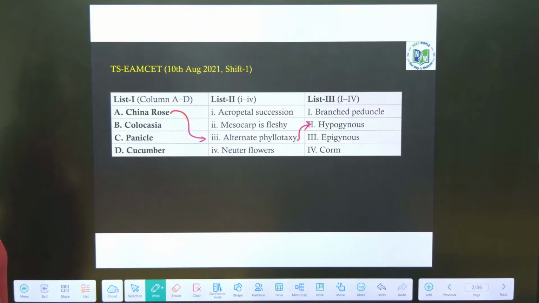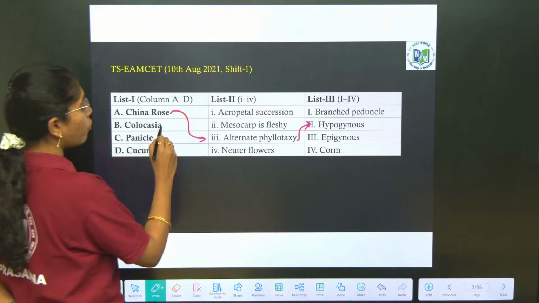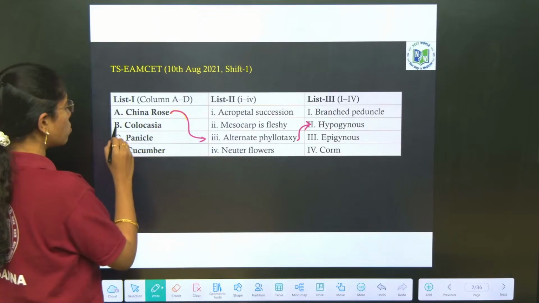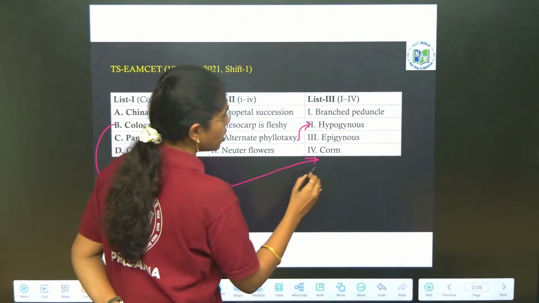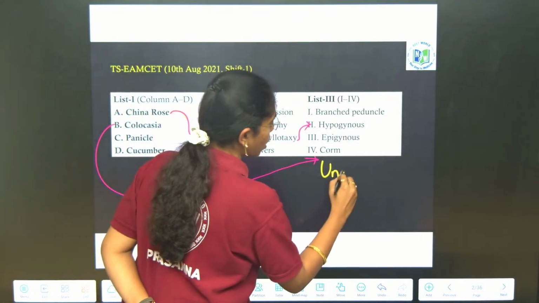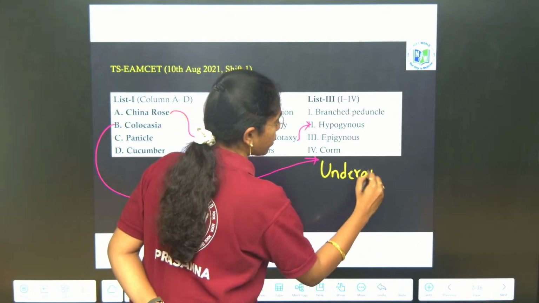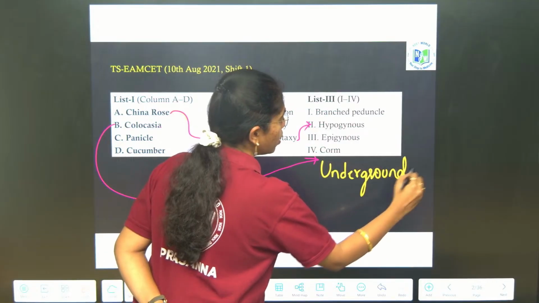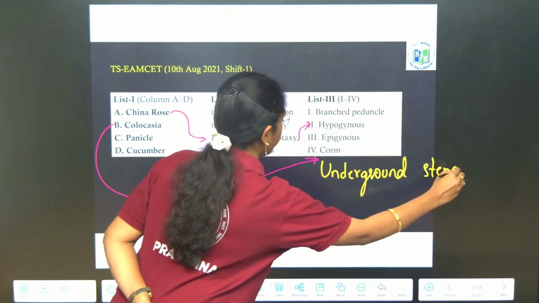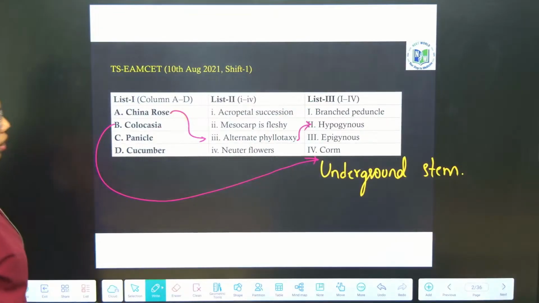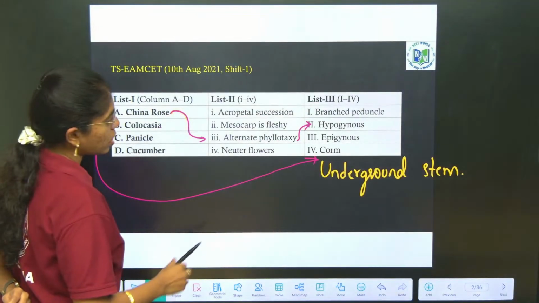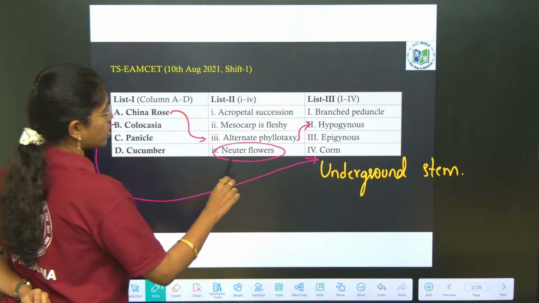And Colocasia, what modification does it have? Underground stem modification, that is corm. Colocasia, underground stem modification, it has neuter flowers, fine.